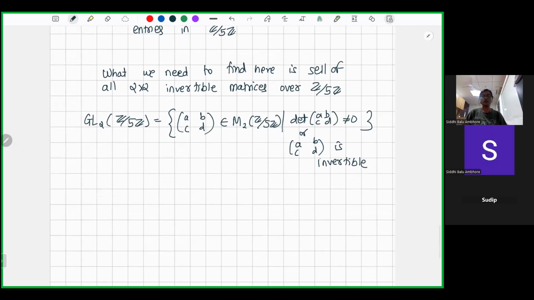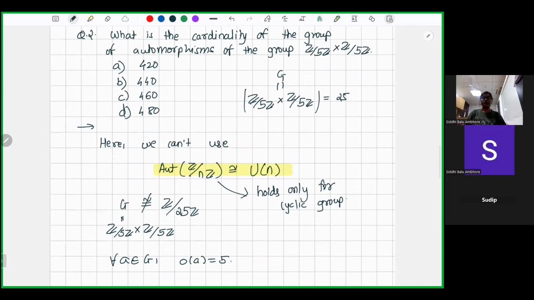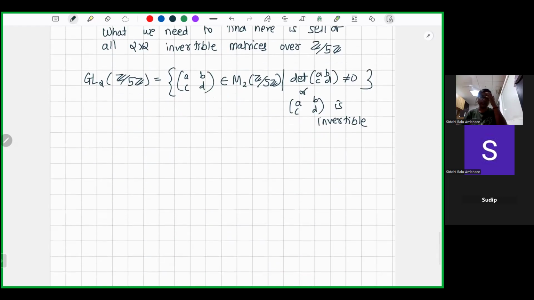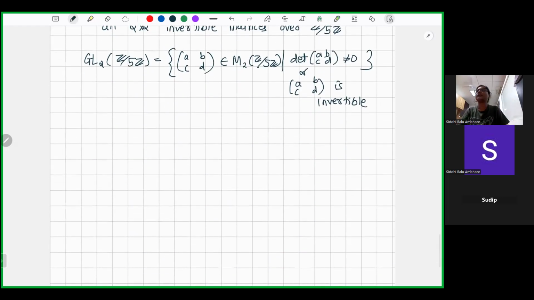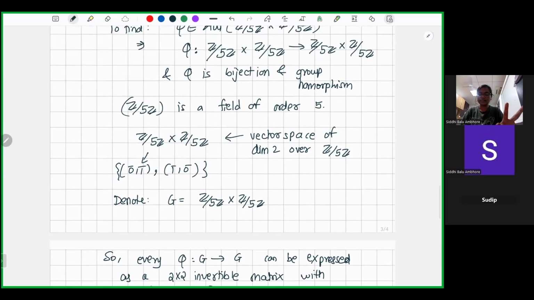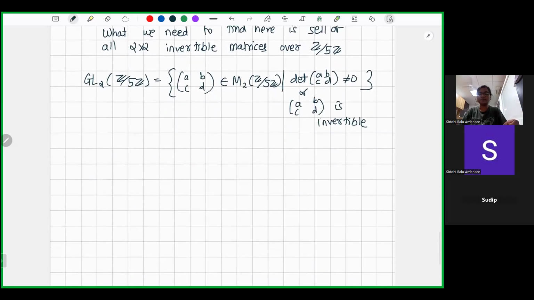So we have just asked for the number. The first option starts with 420, so we can't give an expression for 420 elements anyway. We have to calculate how many such elements exist in this group. Since we are in Z5, we have to take help of the fact that every element has order 5.